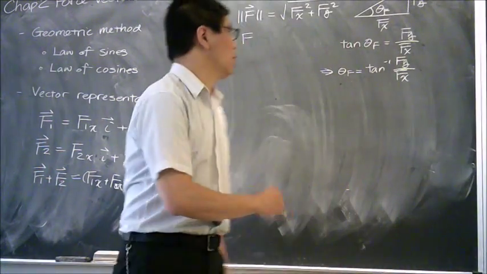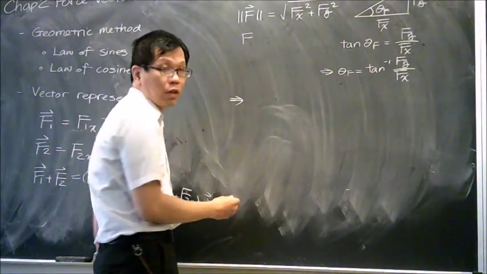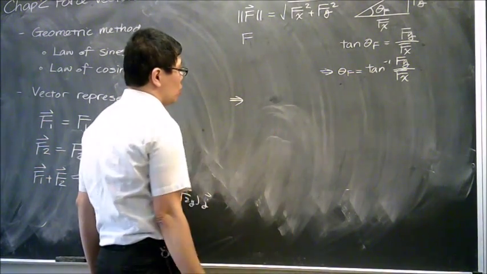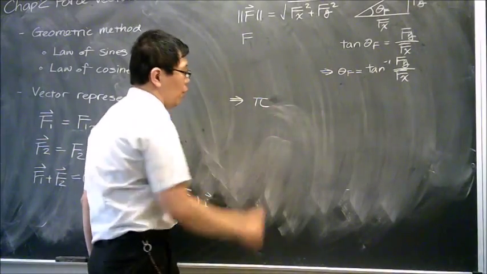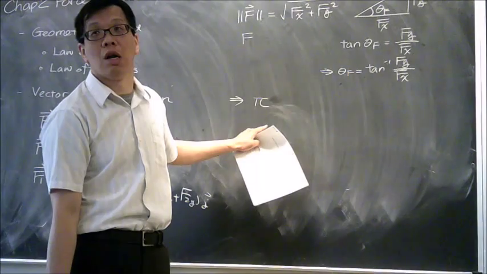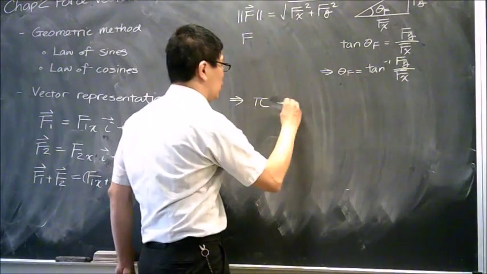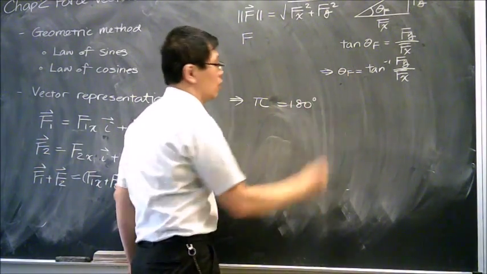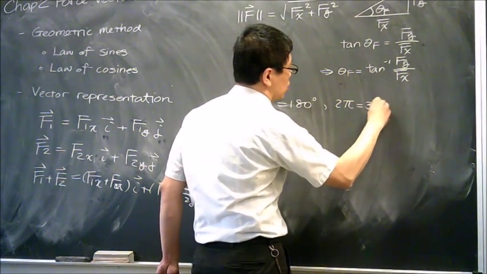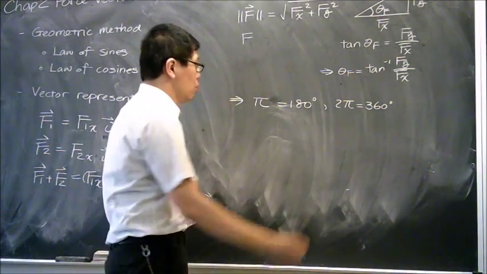So with that said, let's review the conversion between radians and degrees a little. So if you say it's pi, how many degrees are we talking about here? 180. So 2 pi is what? 360 degrees.